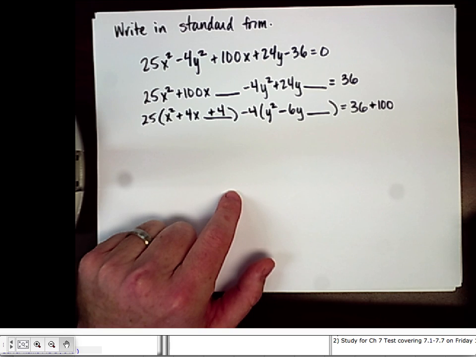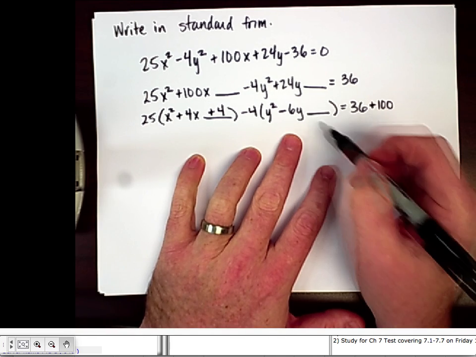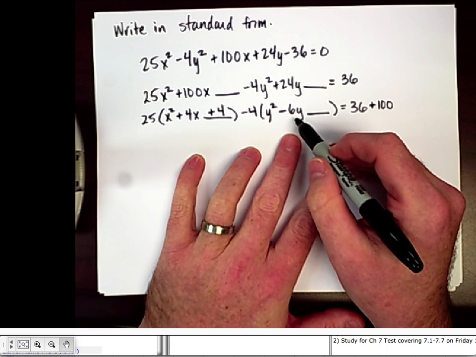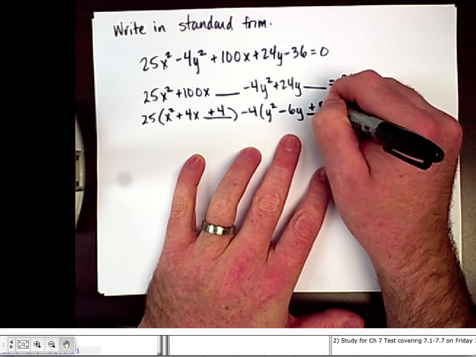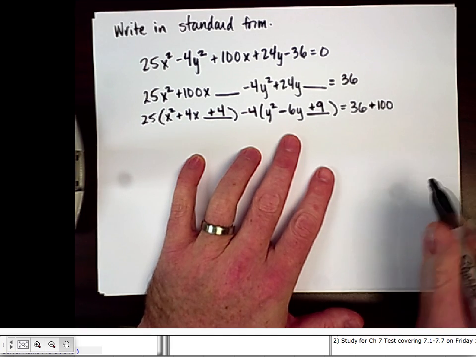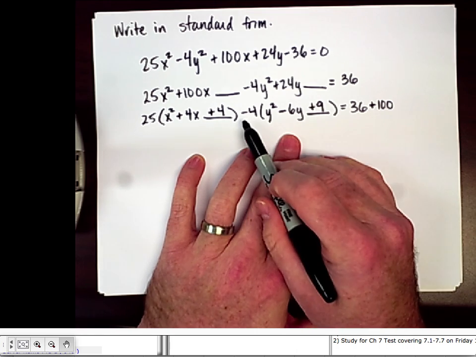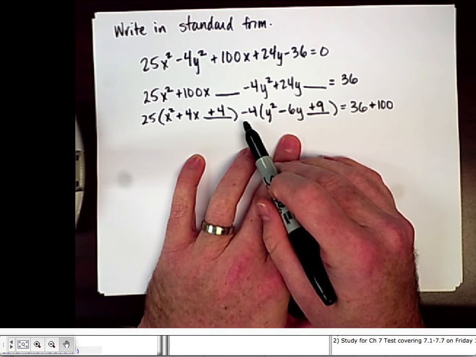Then what about here? Negative 6 divided by 2 is negative 3, square it is plus 9. But we didn't really add 9. We added 9 in parentheses with a negative 4 outside, so we really subtracted 36.